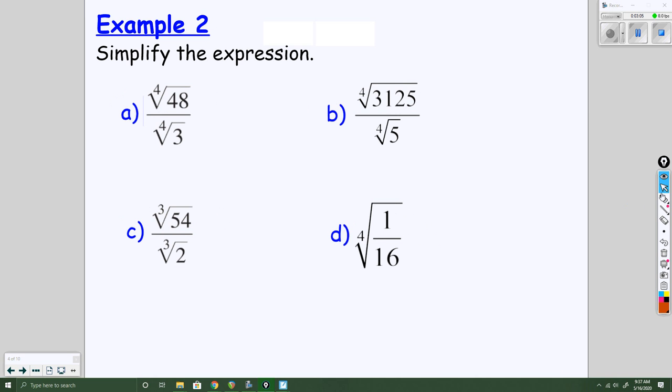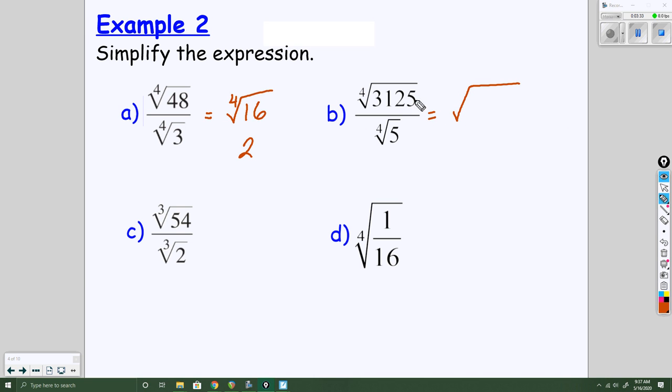Now for our quotient rule, we're just doing the same thing. We're either combining or separating it using the quotient rule. So in part A, we're going to combine this. So 48 divided by 3, that's going to give us 16. So we have the fourth root of 16, and the fourth root of 16 is 2. And then in part B, we have the fourth root of 3,125 divided by the fourth root of 5.